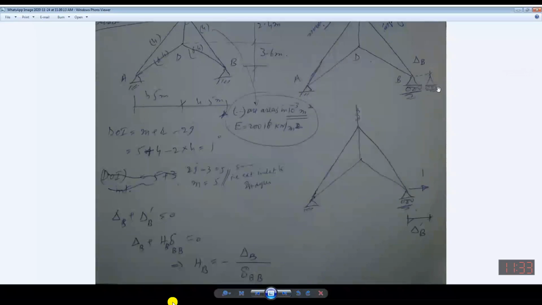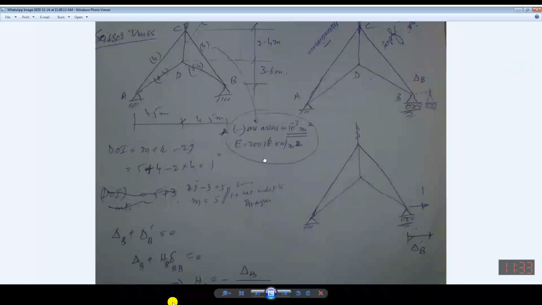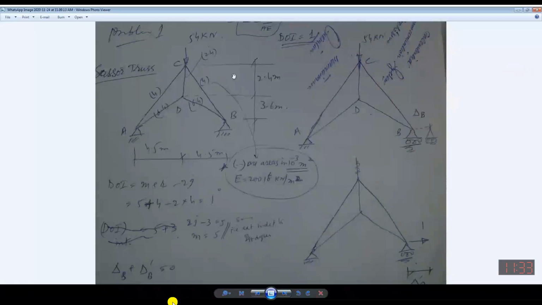It should have been applied in the leftward direction. So following this, I can solve it manually, or I can use the formula, the approach that is given in the slide.